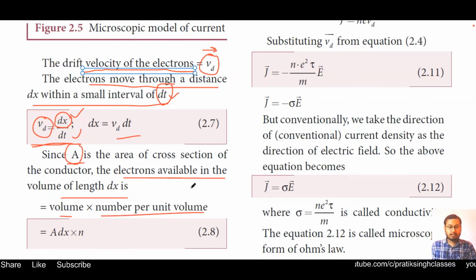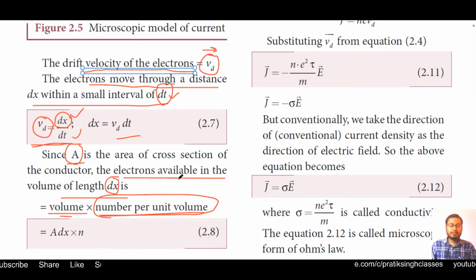We are interested in finding the number of electrons between the first region and the second region, that means within the distance dx, and it is given by the volume of the conductor between the first and second region into the number of electrons per unit volume, and we have seen that the number of electrons per unit volume is n.